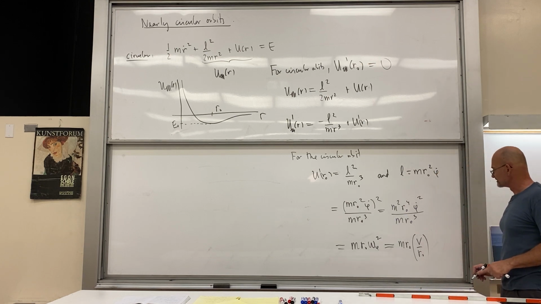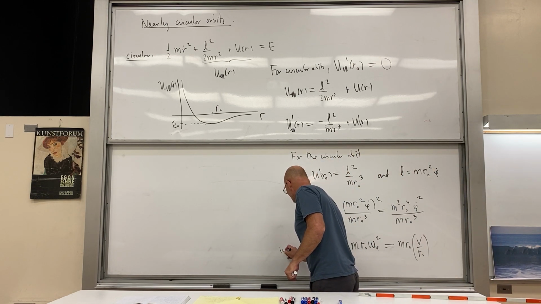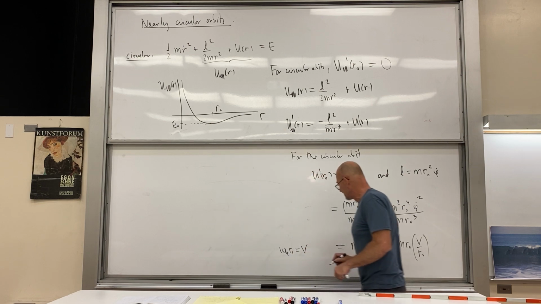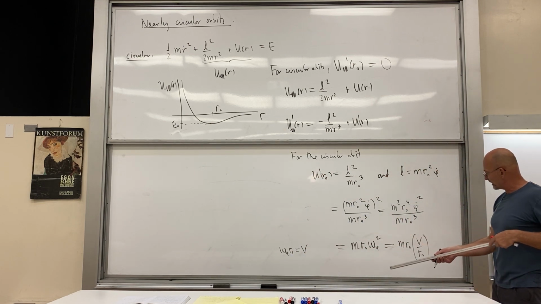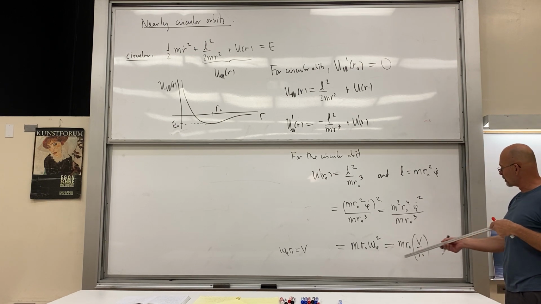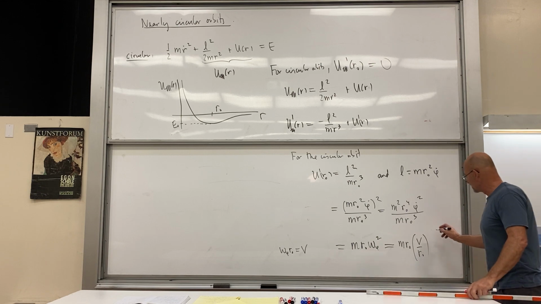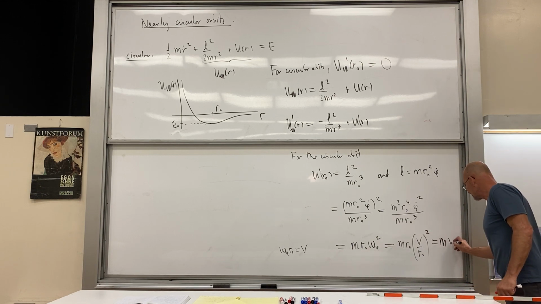Okay. Remember, omega sub phi times r sub naught would be v, and that would just be the speed in the circular orbit. So the omega would just be v over r, square it, and we end up with m v squared over r naught.